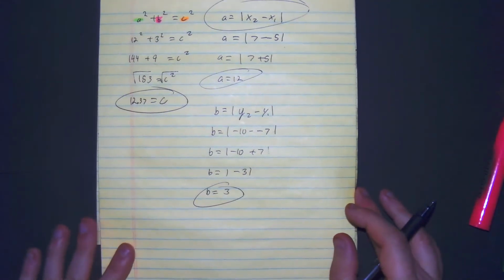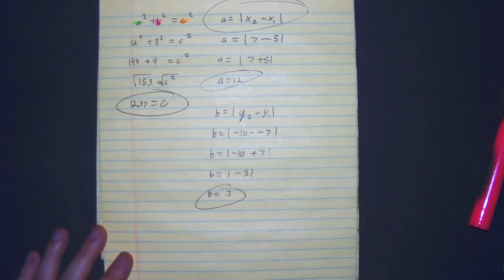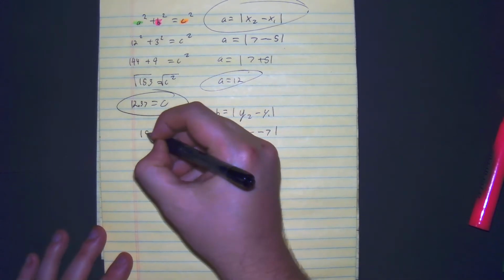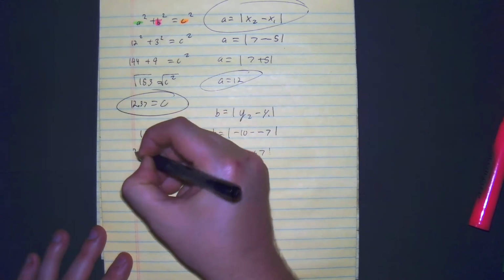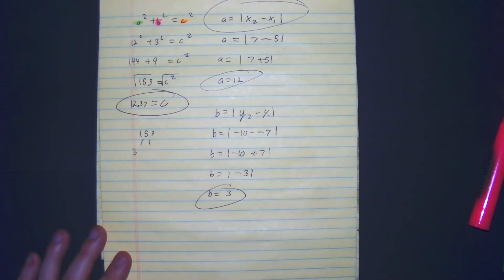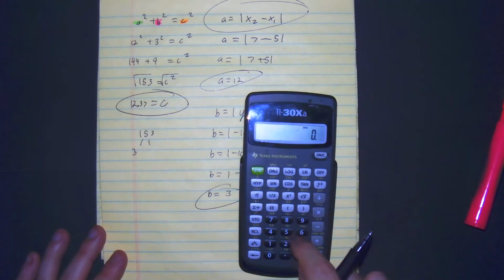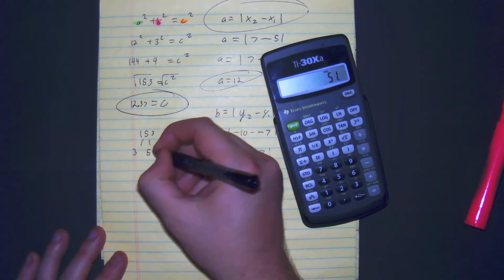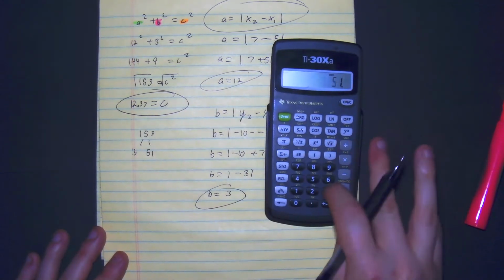Alright, so we have our answer, 153. This could be broken down to 3 and 51, I think it is. Yeah. Well, 51 is divisible by 3 as well.